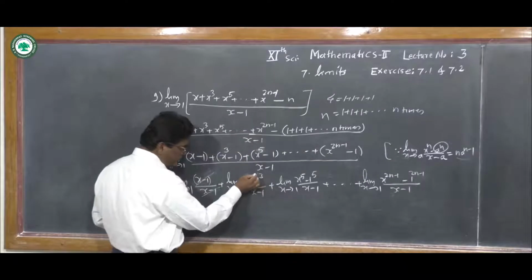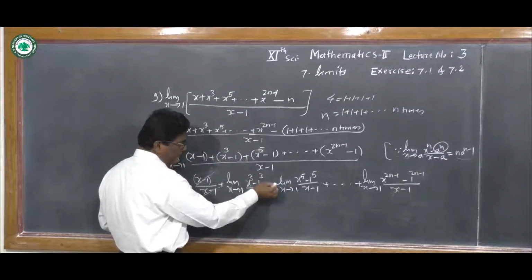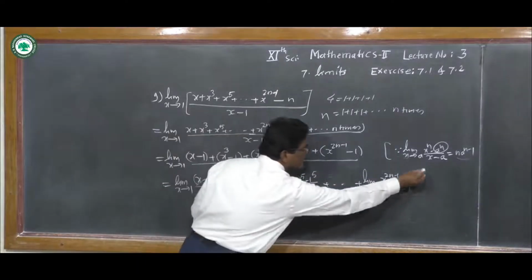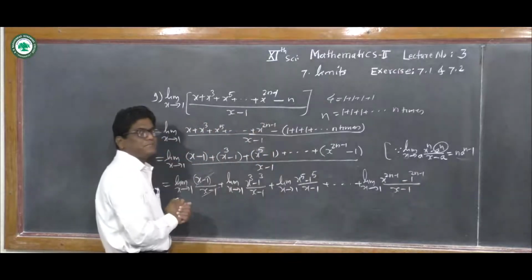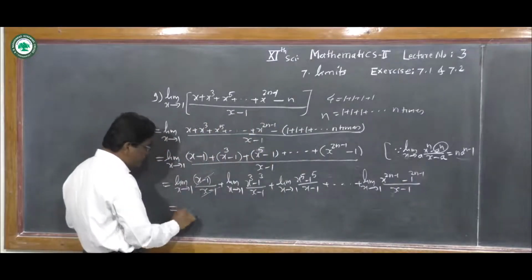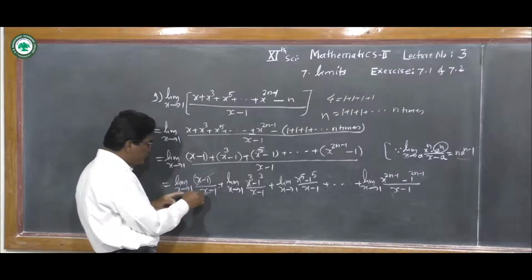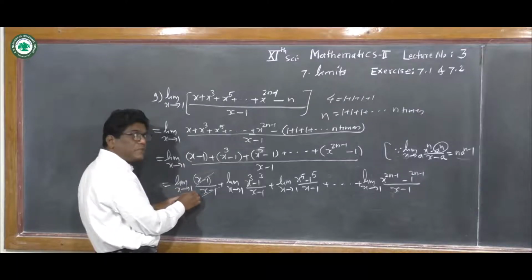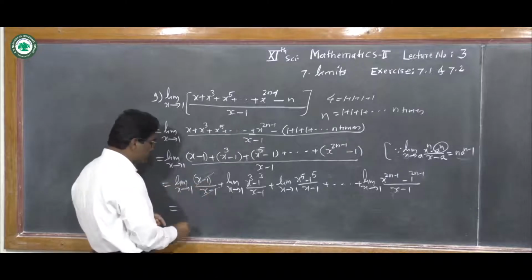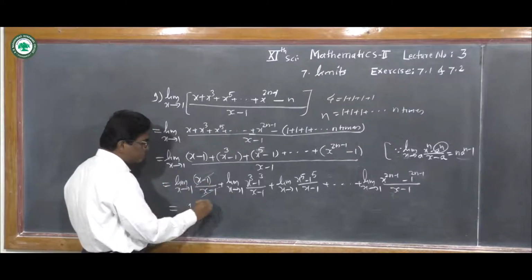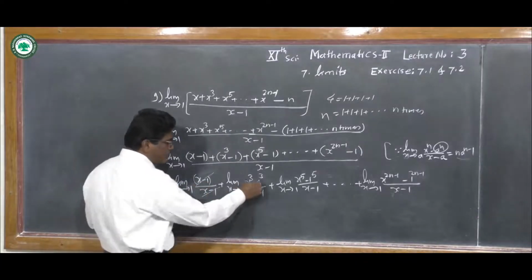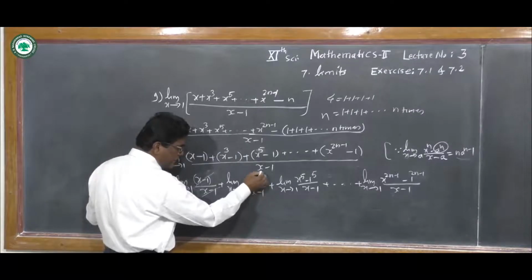So see this 1 to the power 3, here 1 to the power 5 and here 1 to the power 2n minus 1. Firstly, this is equal to limit as x tends to 1, here 1 remains. We want to put the value of x as 1, but there is 1 which is constant, so keep it as it is, 1 plus, here use the formula from this term 1 to the power 3.